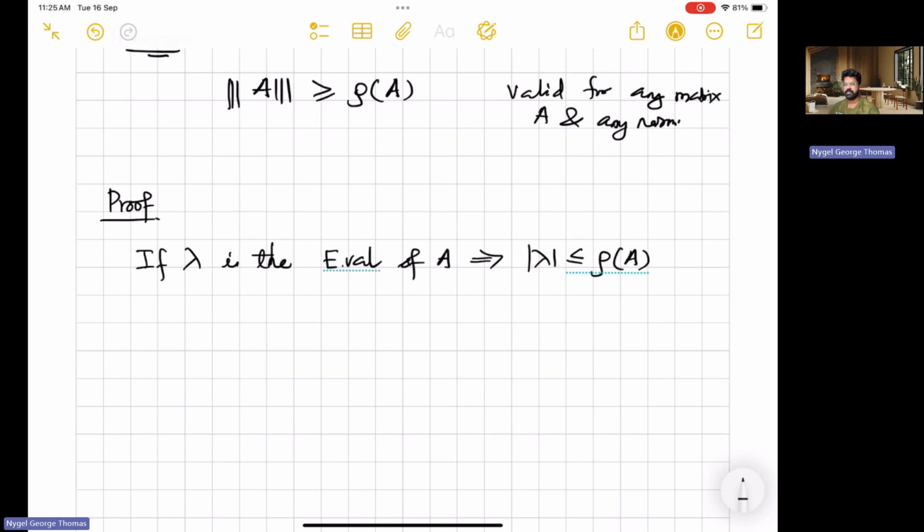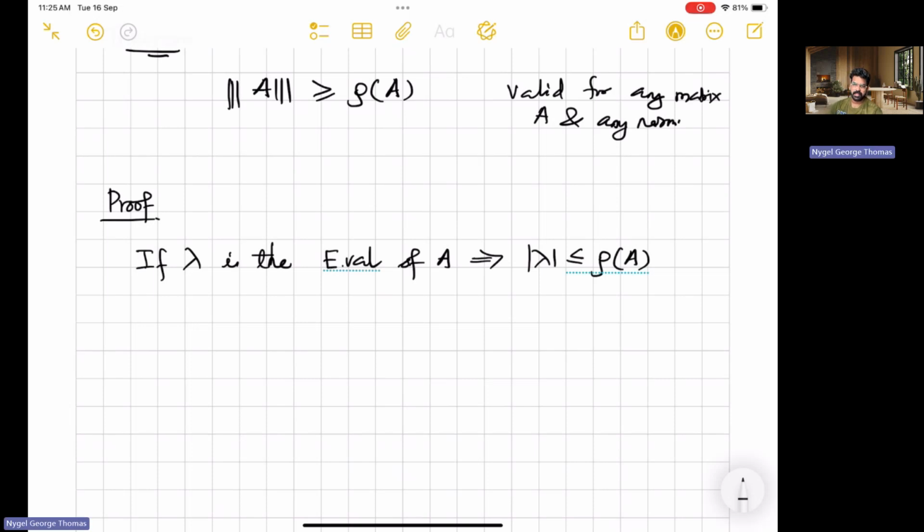Because rho of A is the largest magnitude of the eigenvalue. Also note that lambda can be anything, real, imaginary, complex, whatever, but we can find the modulus of a complex number as well.